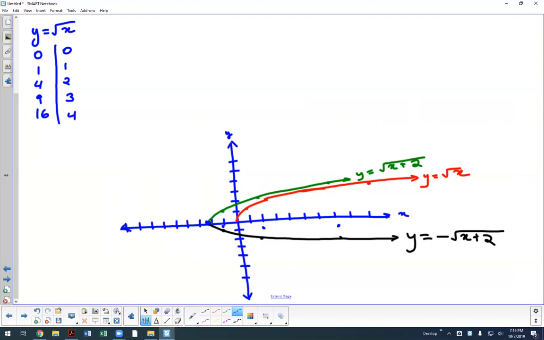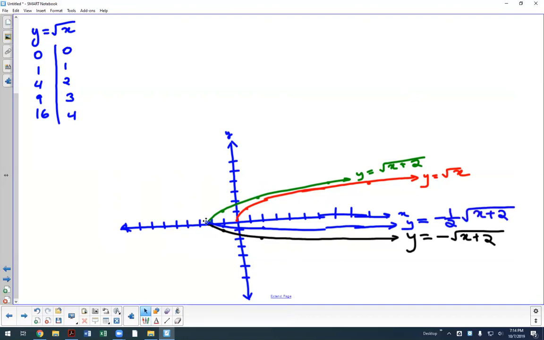But it's kind of halfway between the x-axis and this curve that's in the black here on the screen. So something like that. Yeah, my calibration is definitely off. This guy will be y equals negative 1/2 square root of x plus 2.